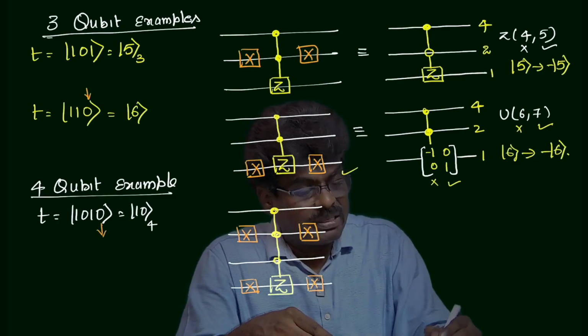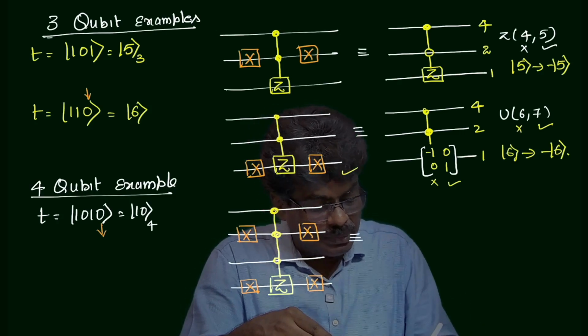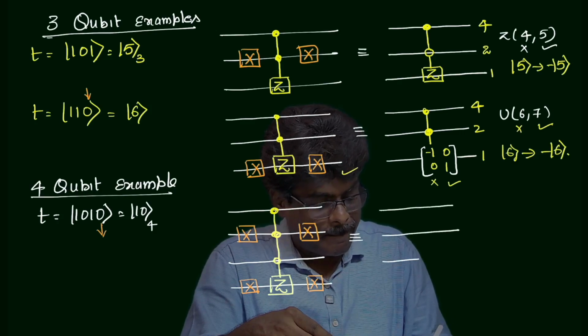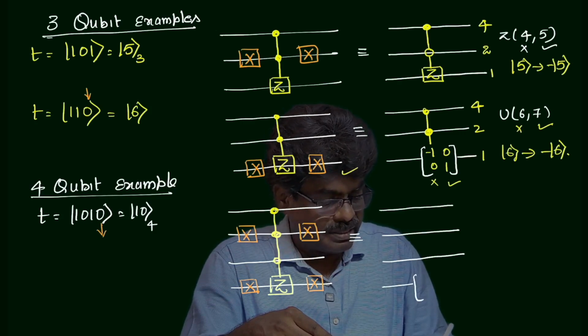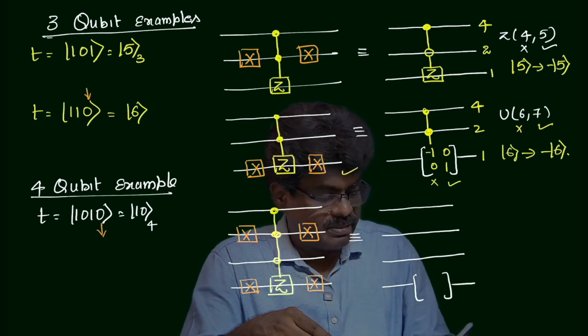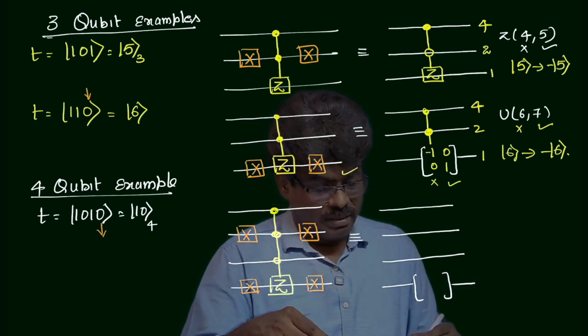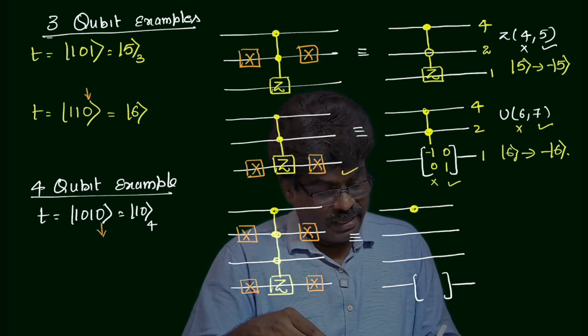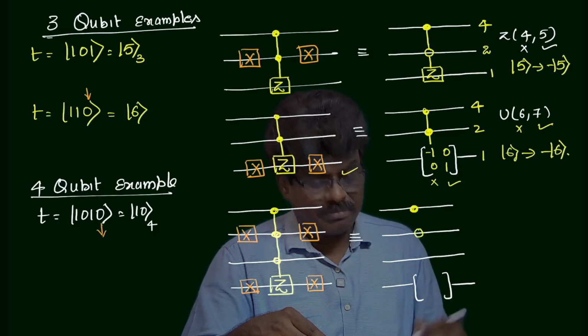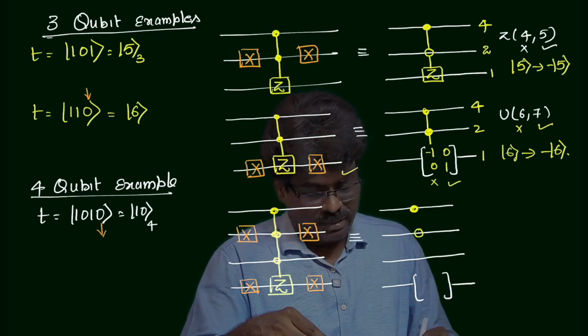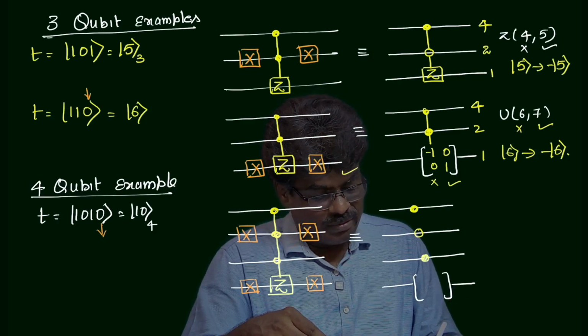So I hope you understand. This is equivalent to, so here I am taking this unitary operator like this. Okay. And first one is control. Next one is anti-control, that means don't add that number. And this is a control.